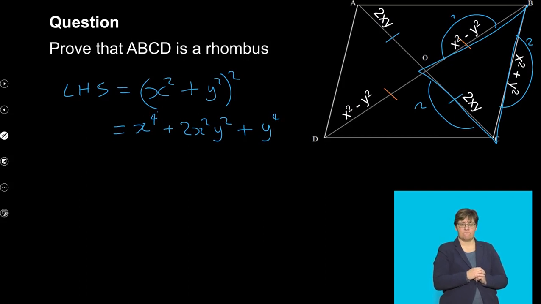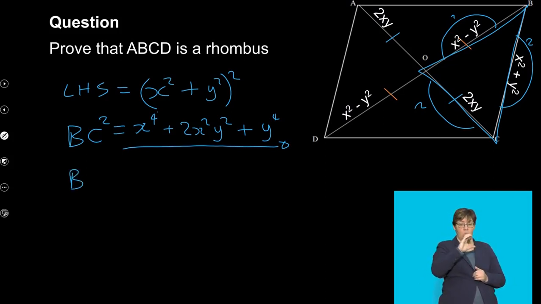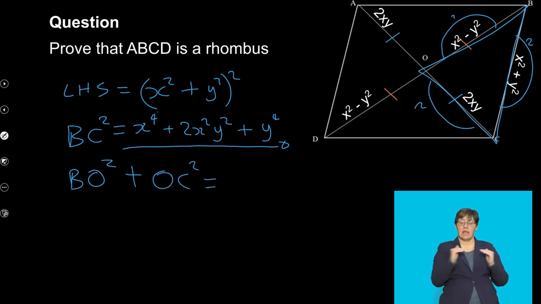So it will be those two times together times 2, yes. So this is what I will have on the left-hand side if I call it my left-hand side. And by the way, my left-hand side is BC squared. Now I want to know what is BO squared plus also OC squared, which will be equal to, let's look at BO.